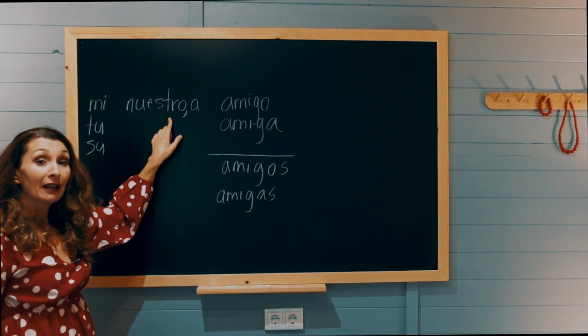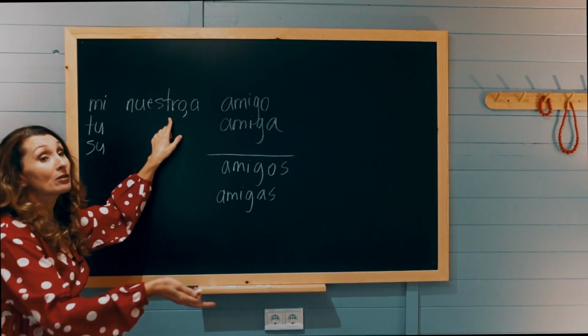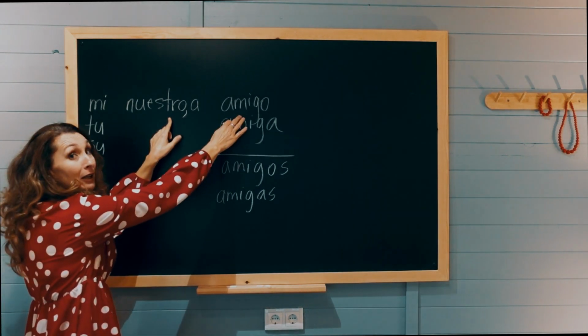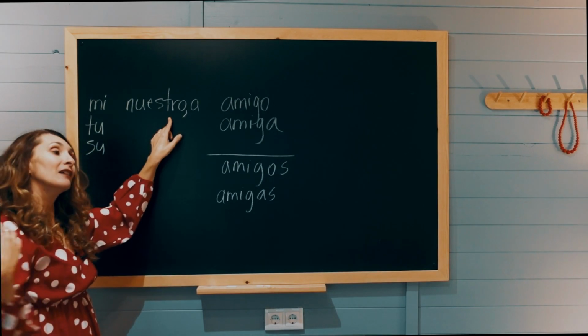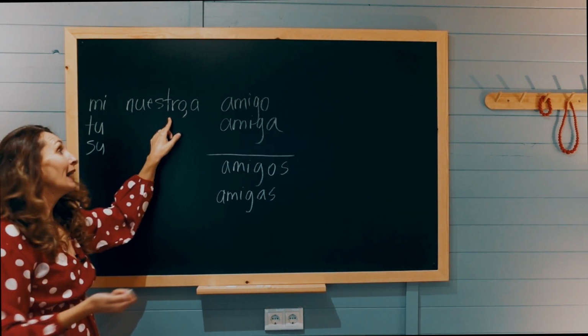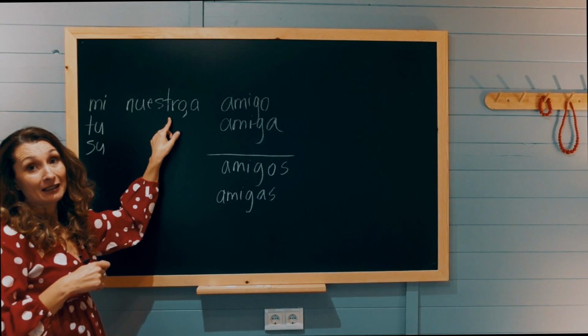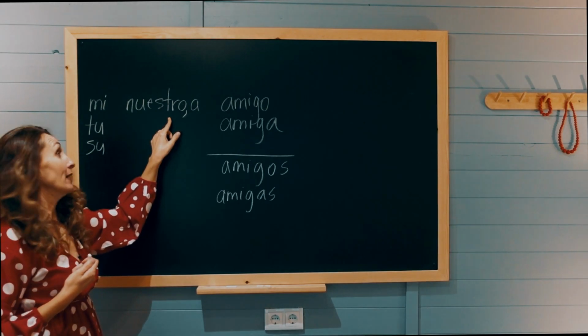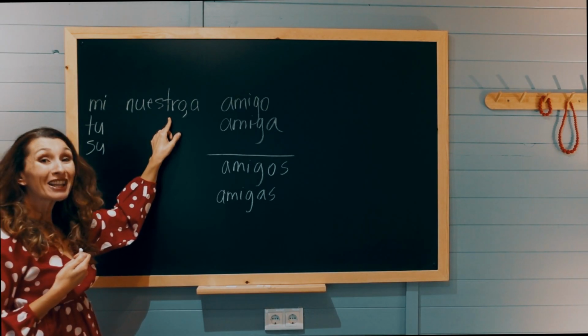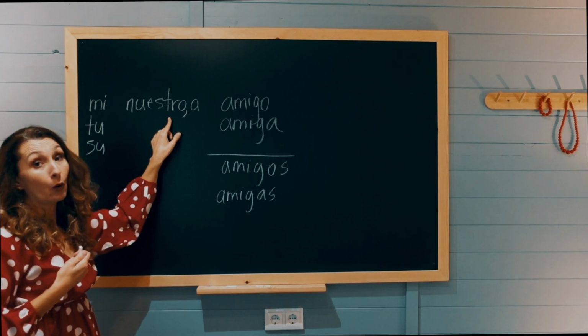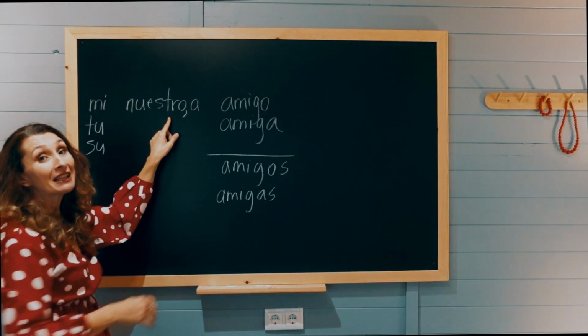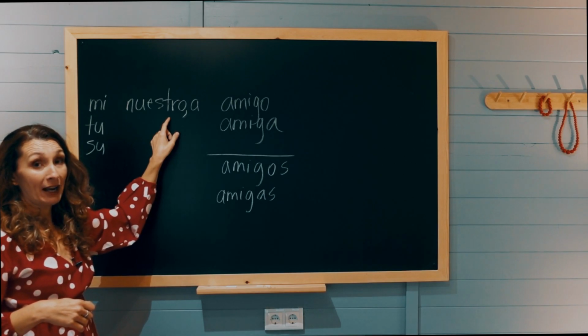Okay, so again, I'm not the only person that claims to have him or her as a friend. There's a whole bunch of us, and this friend is all of our friends. Okay, so nuestro amigo or nuestra amiga, our friend.